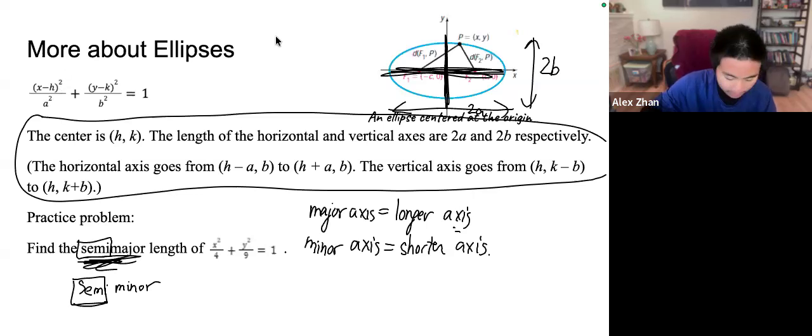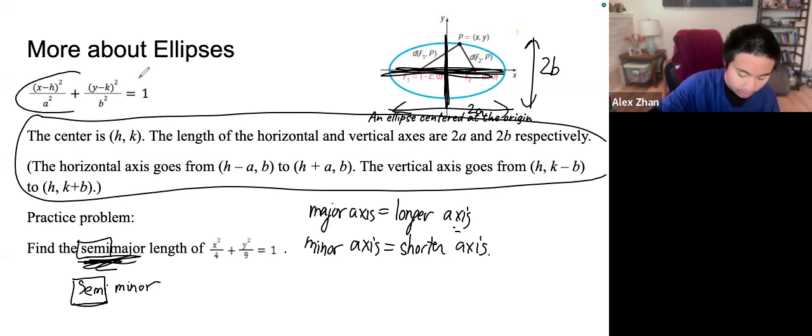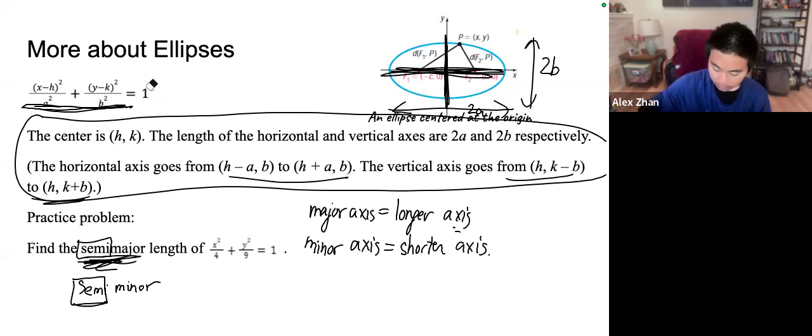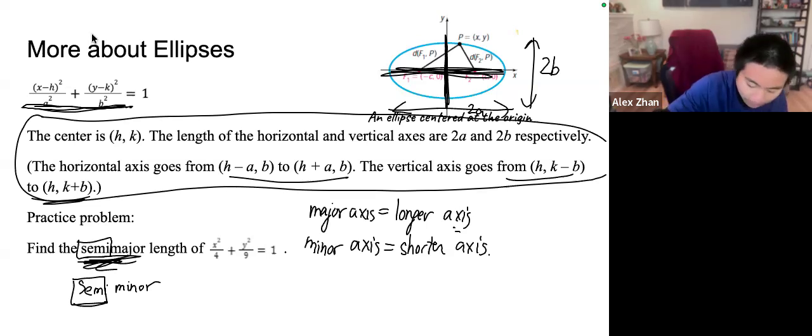How about actually let's do something more general. Let's just talk about this one. What are the lengths of the major axis and the minor axis, using what we just got, or actually just using these? 2a and 2b, but which one is major and which one is minor?